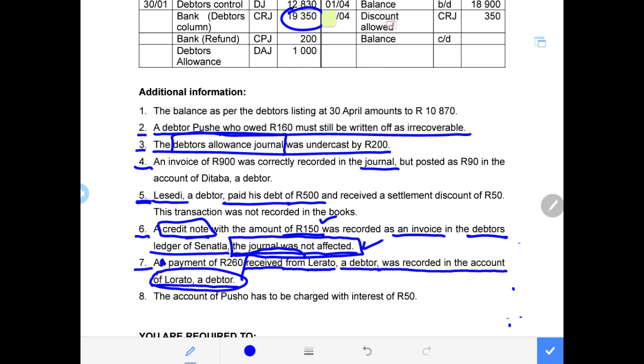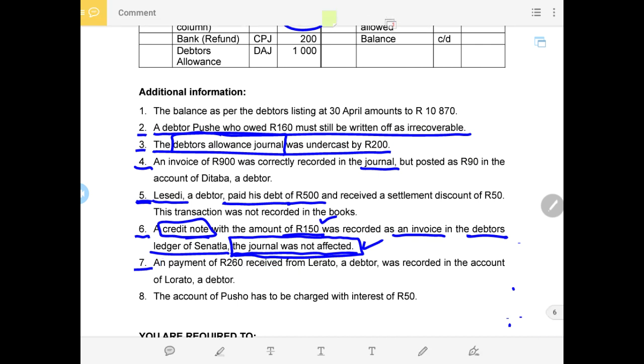The debtors control is all sorted there. They could have also said that our journals were recorded correctly, but we are dealing with the specific customers in whose accounts a mistake was done. Now let us take it to that level.